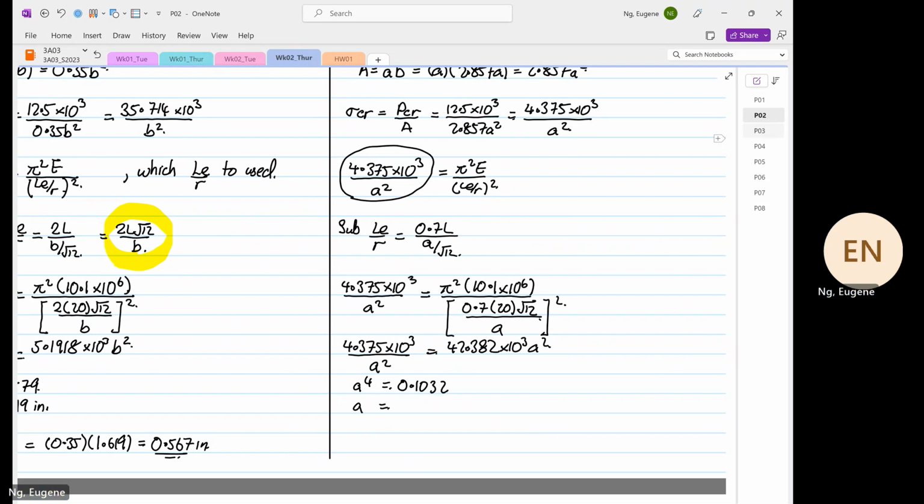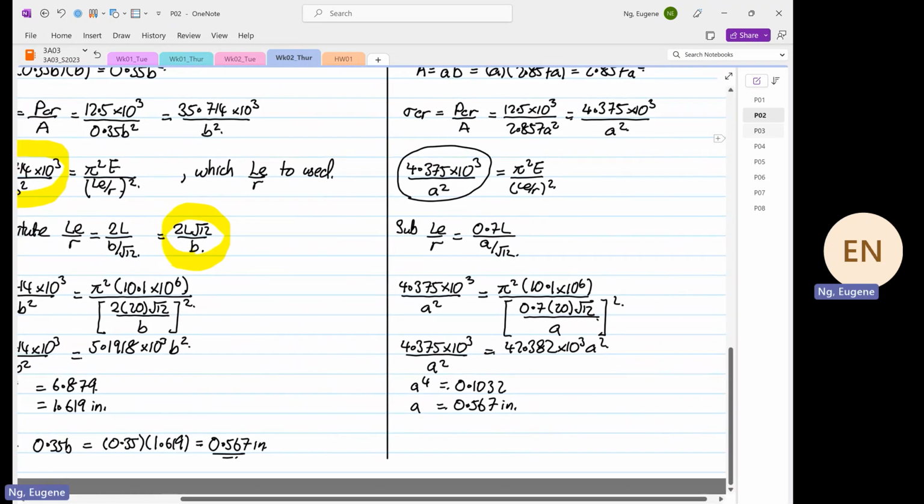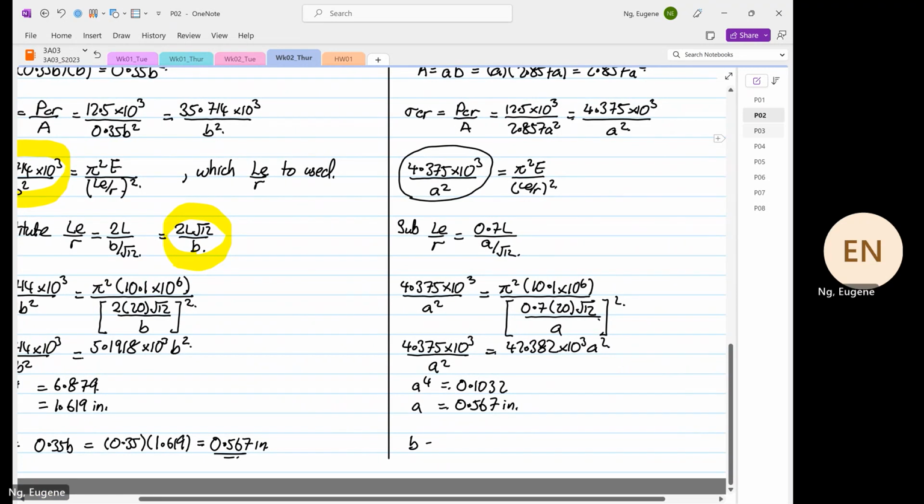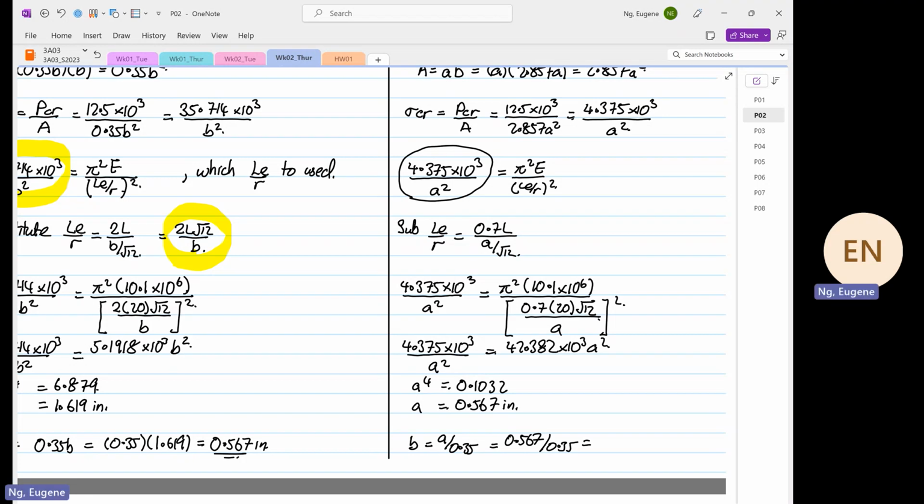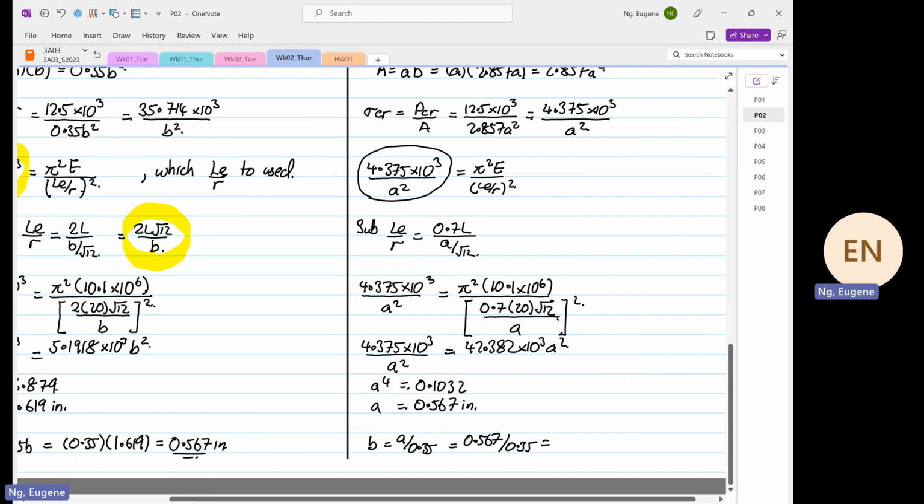So A squared, squared twice, is equal to 0.567 inch. And then we know that B is equal to A divided by 0.35, so 0.567 divided by 0.35 is 1.619, so 0.567 and 1.62.